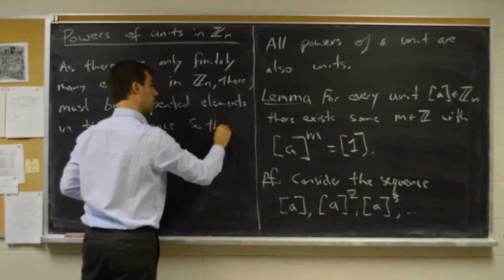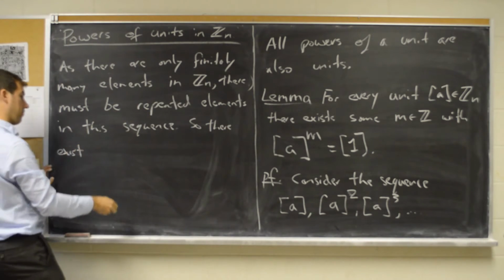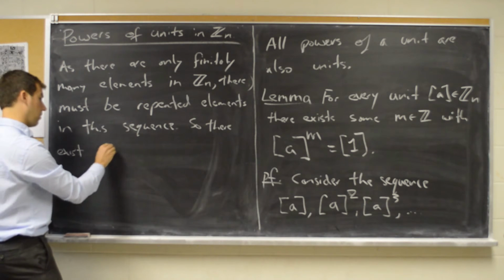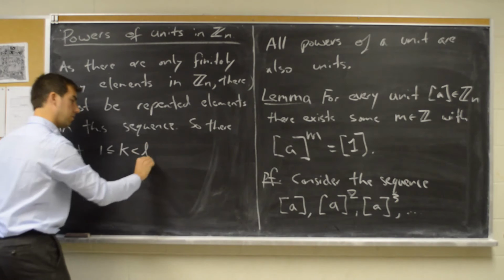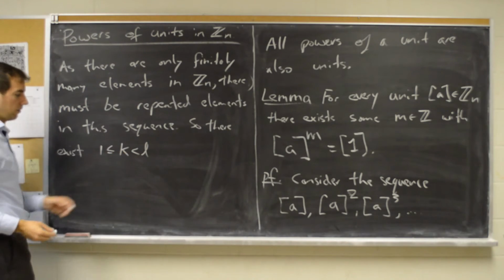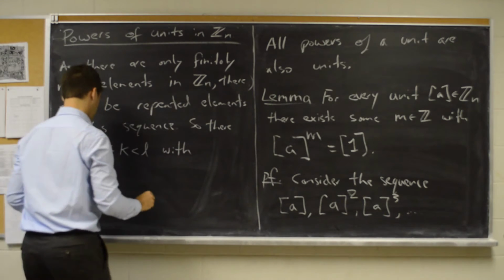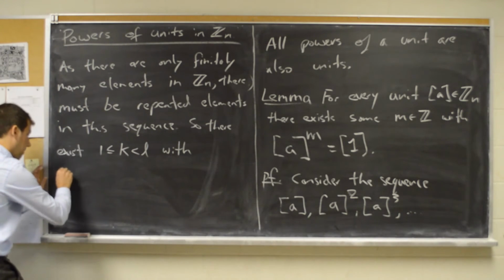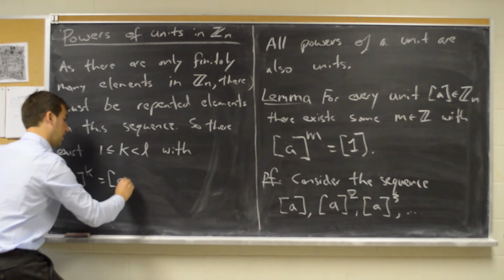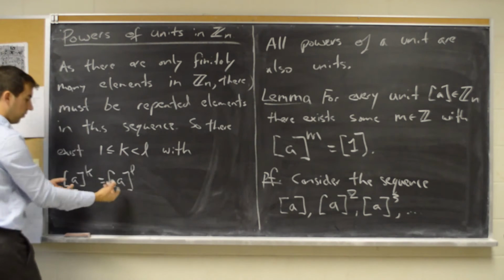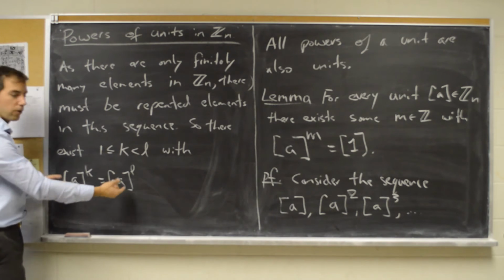So there exist some integers k strictly less than L. So there's two integers, k and L, which are different, and a to the k has to be equal to a to the L. So here are the two exponents where the powers become equal.